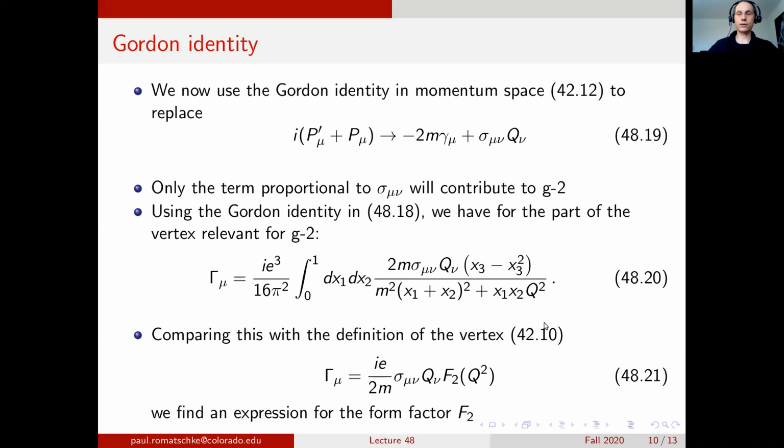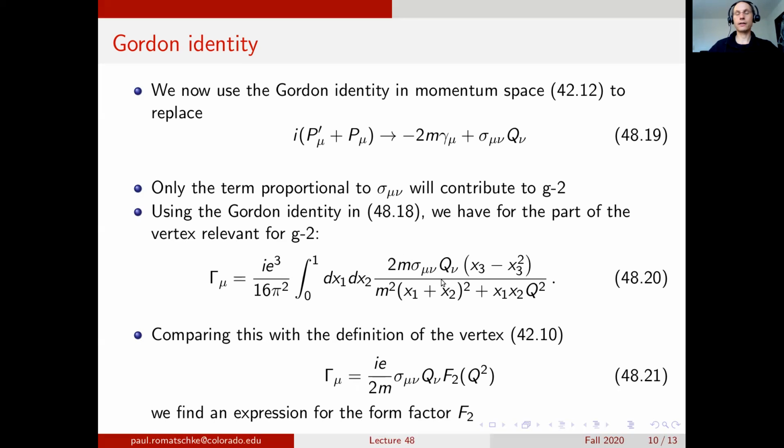And if we now recall from lecture 42 that the form factor we're interested in, F2, is the one that, well, basically what we did in lecture 42 was to assume that there would be a vertex correction of the following form, with the sigma mu nu, q nu, and this form factor F2. So we now find that this is indeed the case.